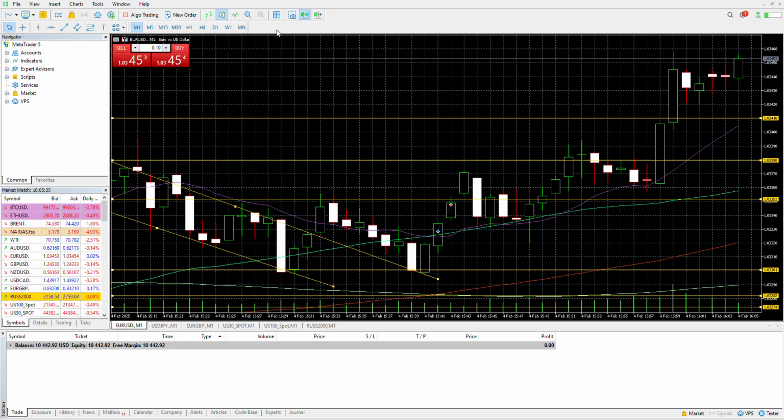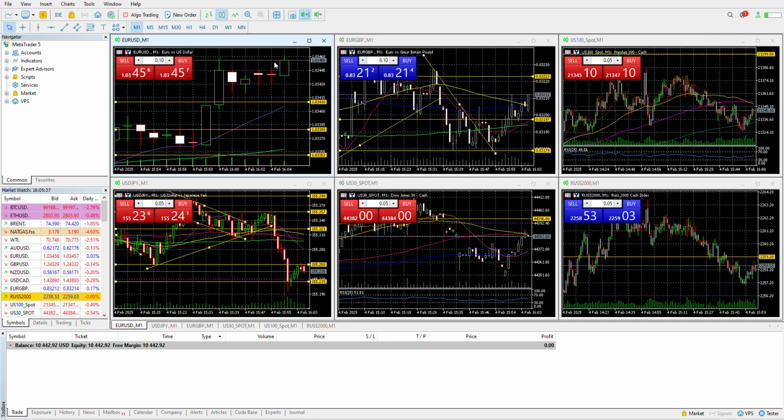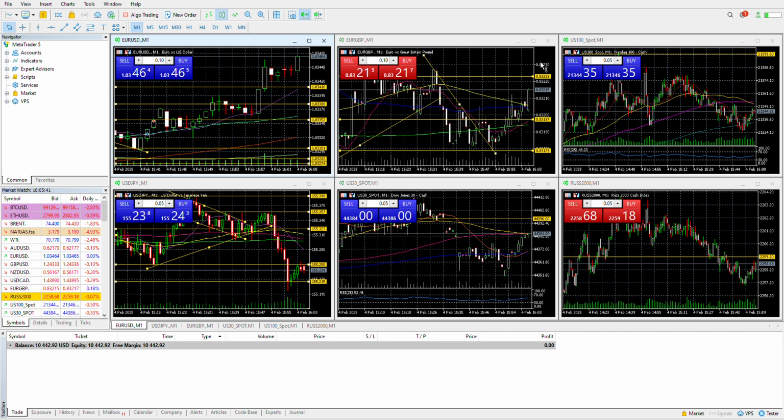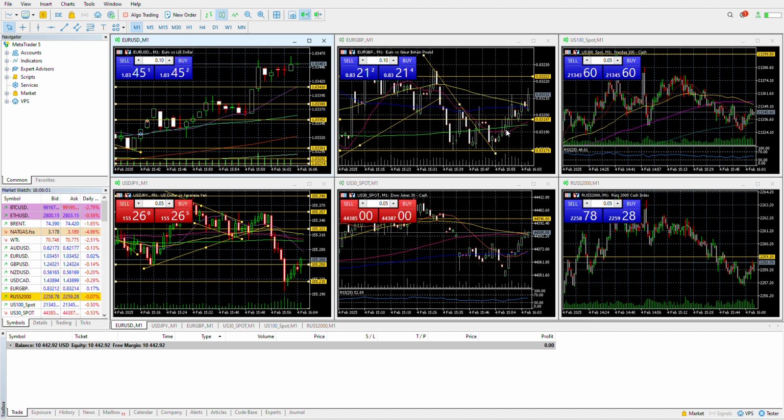Now that looks really nice, the way it's moving. Oh, that's good too. See how that spike? Okay, I need to make $8.